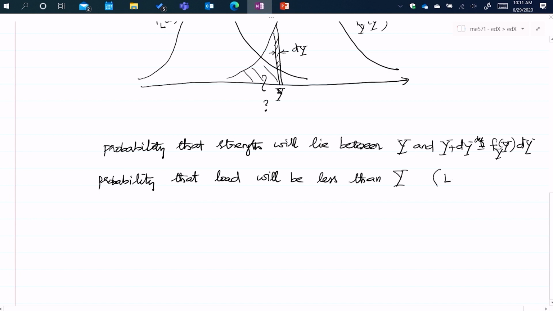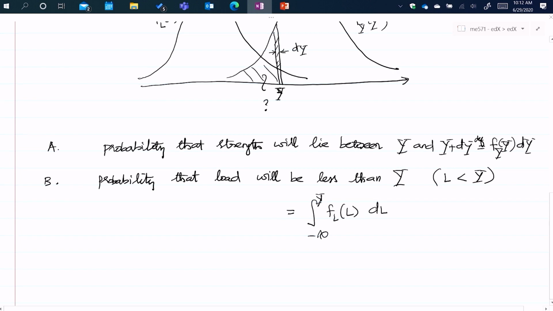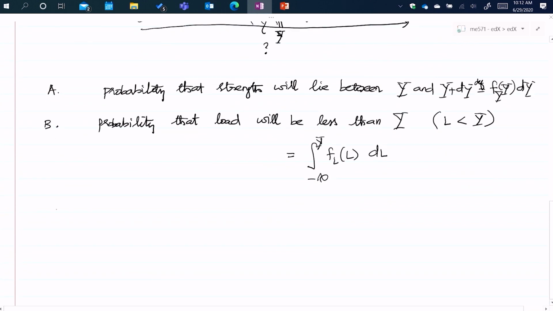That is, L less than y, which again we can write as the integral from minus infinity to y of f sub L of L dl.